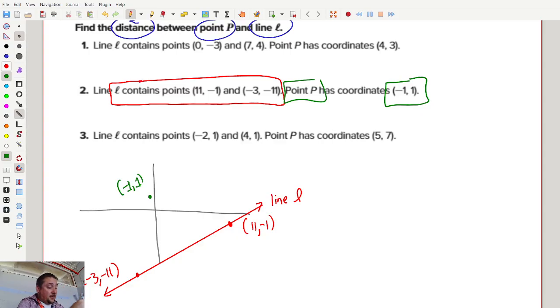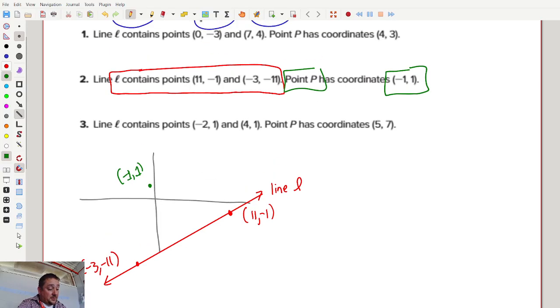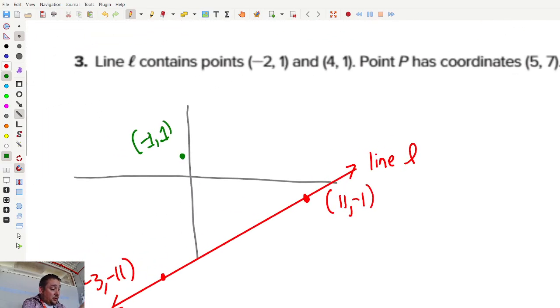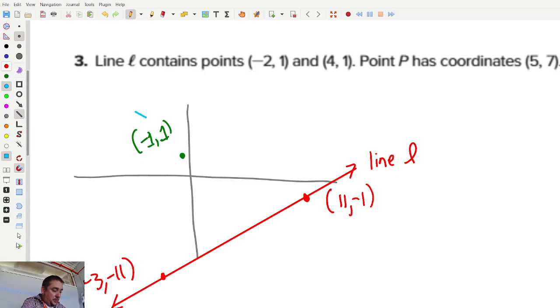The way that's done is, well, there's a lot of steps involved, but to understand what we need to do, we need to come up with the equation of this line. I'm going to use a dashed line for a minute here.